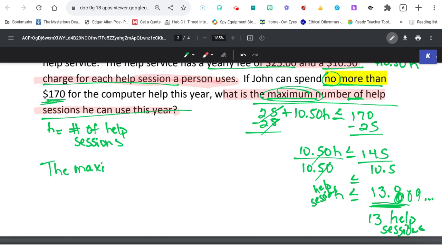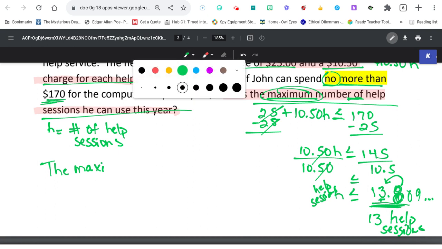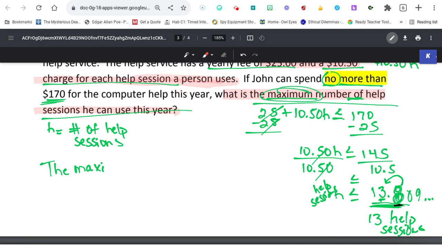Some people would think, oh, let me round this up. Remember, we round by looking at the place to the right of the one we want to round to. We want to round to the ones, so we would use the tenths place, and 8 is bigger than 5. Some people will try to round this to 14, but you can't have 14. That can't be your maximum number because whatever answer you choose has to be less than this right here, and 14 is definitely not less than that.